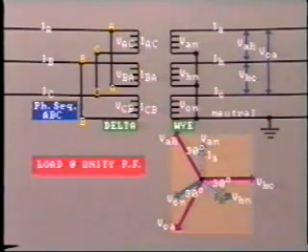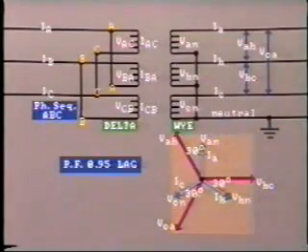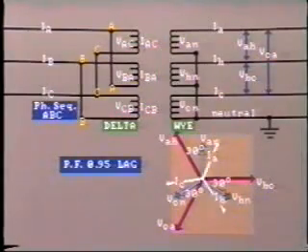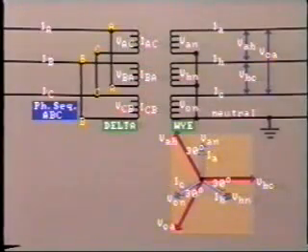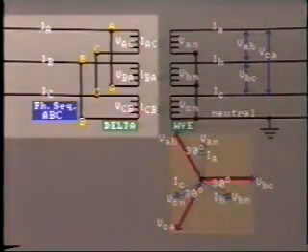Similarly, IB is in phase with VBN, and IC is in phase with VCN. Of course, if the power factor is, say, 0.95 lagging, then all of the currents will be offset by 18 degrees. So much for the secondary. But let's move over now and draw the phasor diagram for the primary of this transformer.